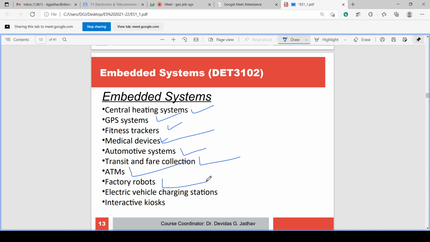Factory robots are there. In heavy, medium or small scale machining, robots are needed for work which is repetitive. Repetitive work can be done by robots. Intelligent work cannot be done by robots; it requires humans.